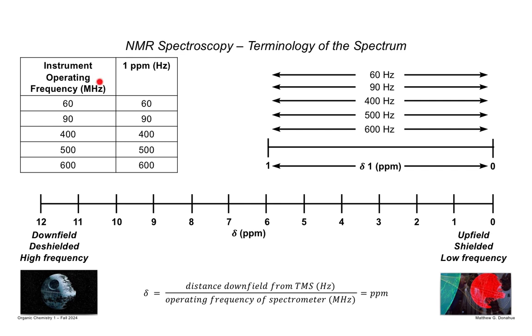And then you have this external radio frequency generator, and so the operating frequency is in megahertz. As you increase up from 60, 90, 400, 500, 600, basically what that's doing is affecting the resolution.